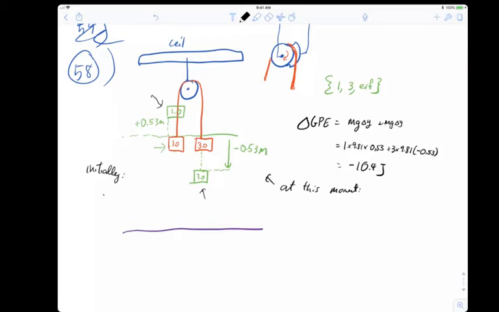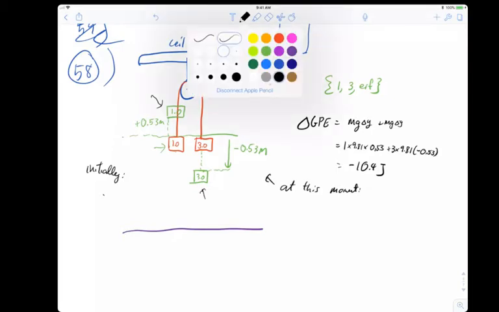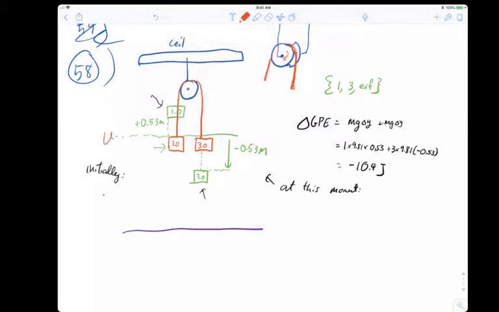So initially, I need to define what the total energy is, because why not? Let's set U to equal 0 at this height. I know that the kinetic energy initially is 0, so the total energy should equal 0. And that means that if the gravitational potential energy goes down by this much, the kinetic energy must increase by that much.